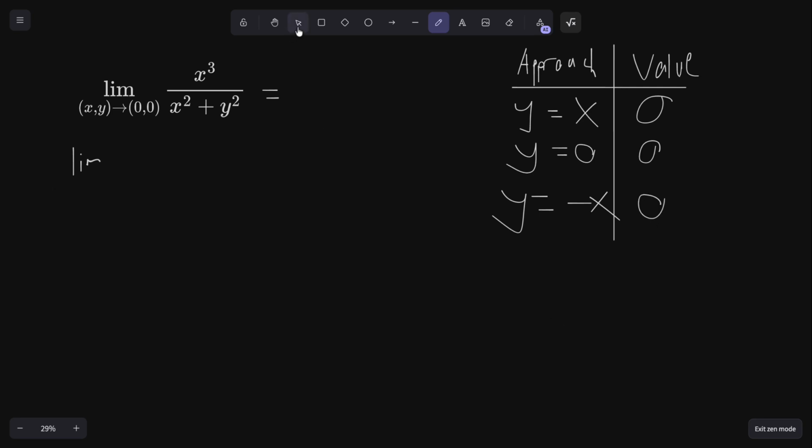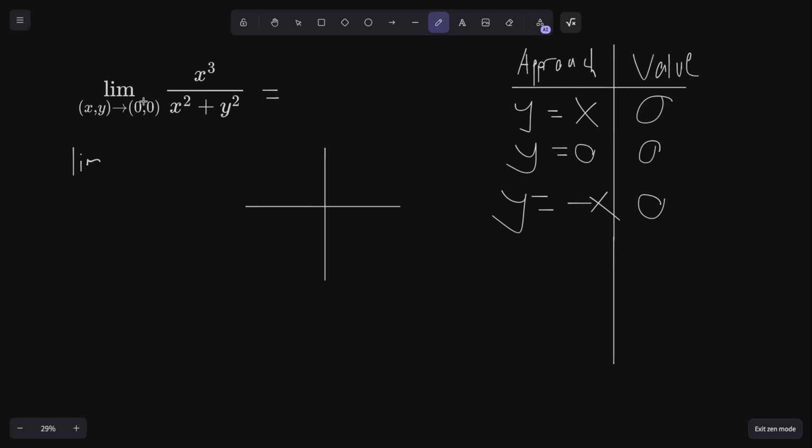Okay. Let's do something creative. If we're approaching 0, 0, technically, we can approach it as long as we have a curve that passes through the point 0, 0.